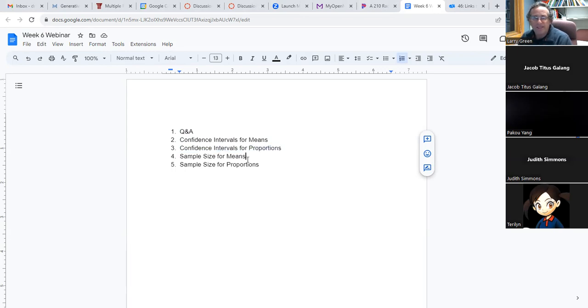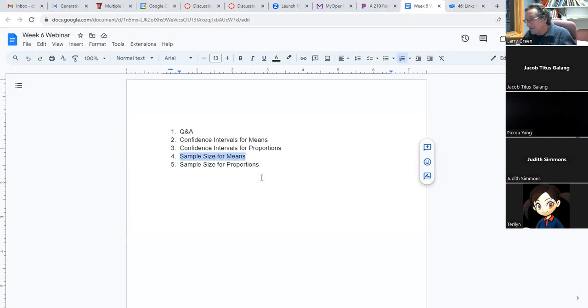Then we're going to do something that's really important that you may not have even thought about, and that is how big a sample size you need to have data that you're comfortable with. We've already seen that for means, you need more than 30 to be able to use the normal distribution. But you might have 35 or something, and then you might be off by a lot and it's useless.